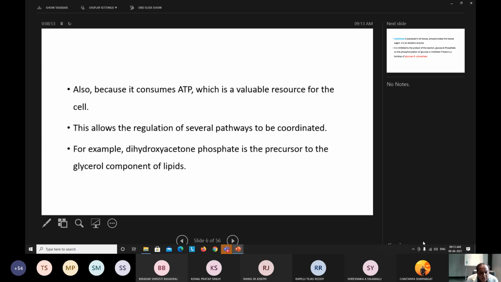In one step, dihydroxyacetone phosphate is the precursor for the glycerol component of the lipids. Only if this is maintained will the product be available to act as the precursor for the formation of the glycerol component of the lipids. Hence, the regulation of this pathway is essential.